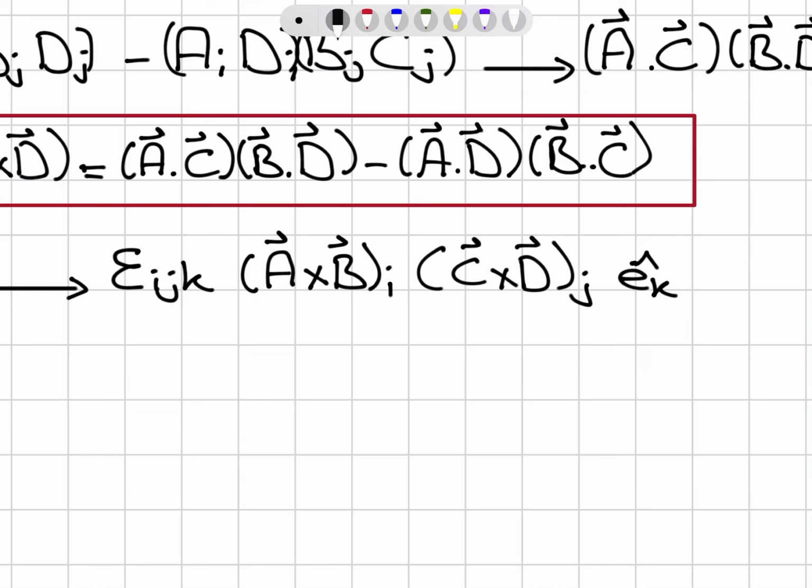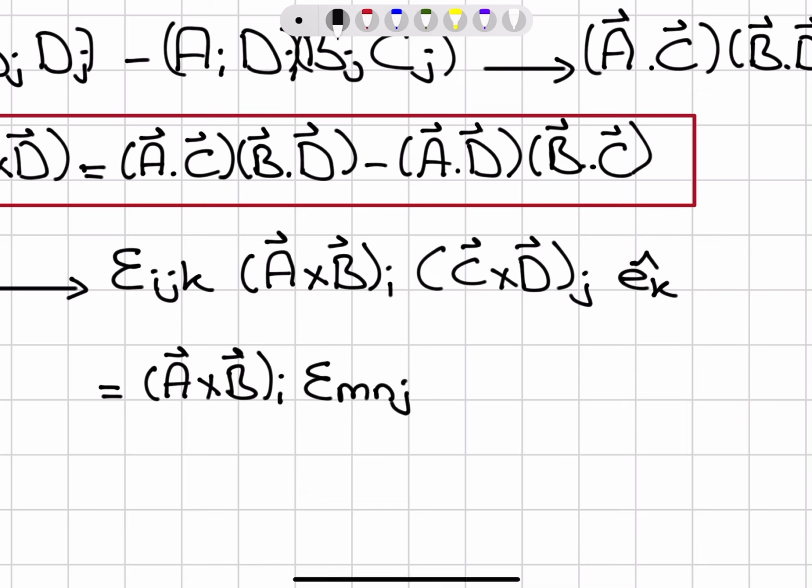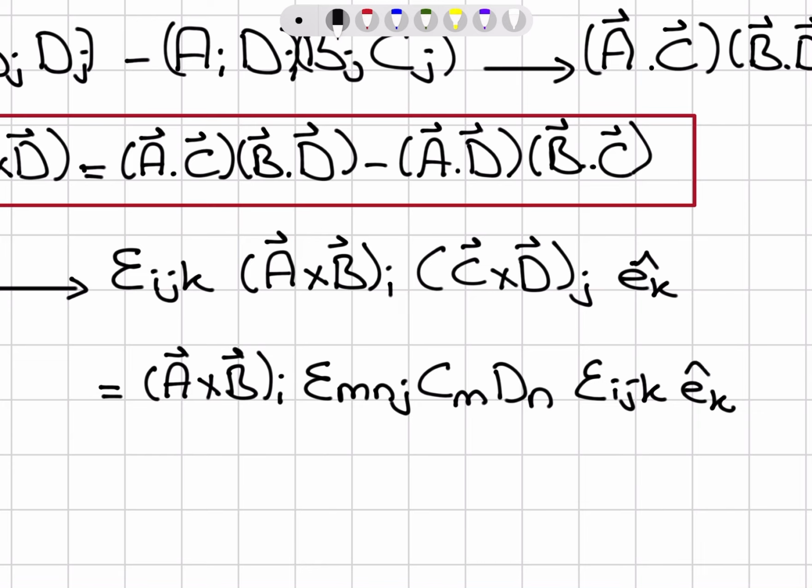Now this is equivalent to the ith component of A cross B vector, and then I have C cross D's jth component, that is epsilon mnj c_m d_n. So I have taken the jth component. Then I have epsilon ijk e_k hat.